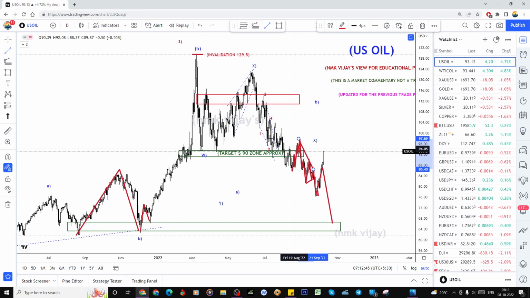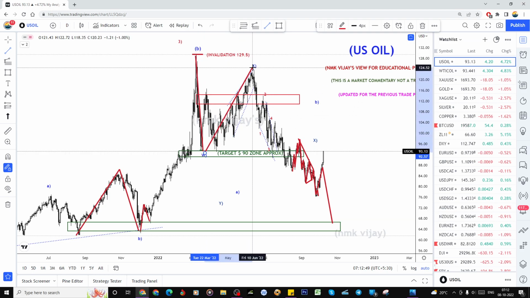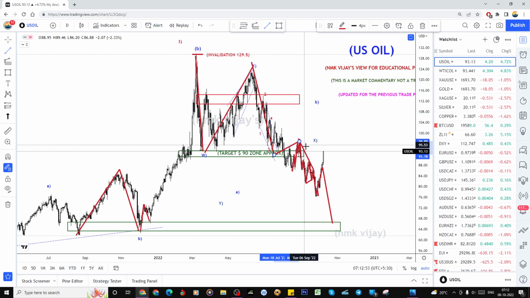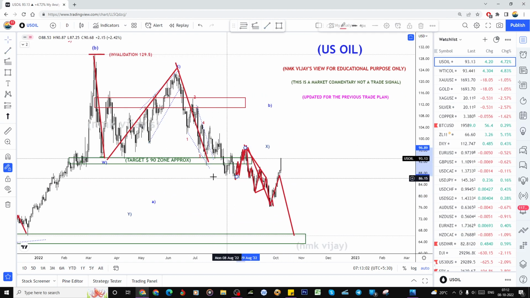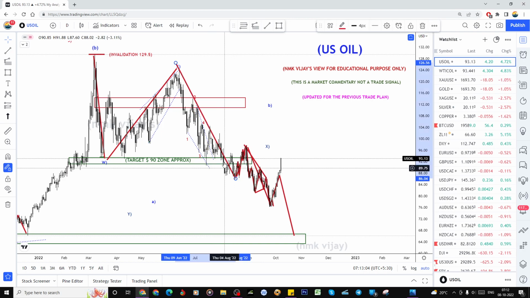because I'm not so sure, because if this is the one, ABC is a 1, ABC is a 2, A, B, C is a 3 also, so W, X, A, B and C is already completed, or this could be the 3. So a lot of patterns we can find here, 1, 2, 3, 4 and 5.